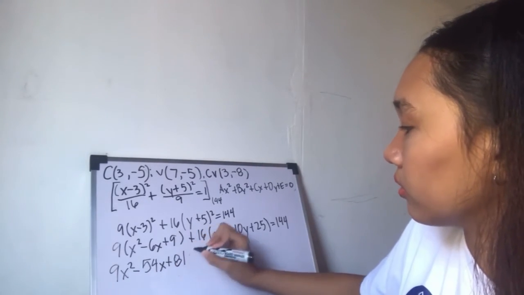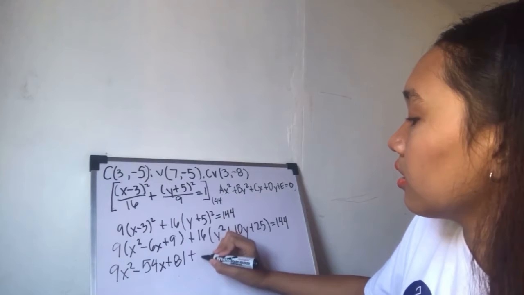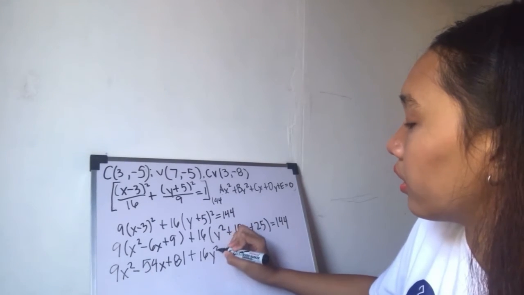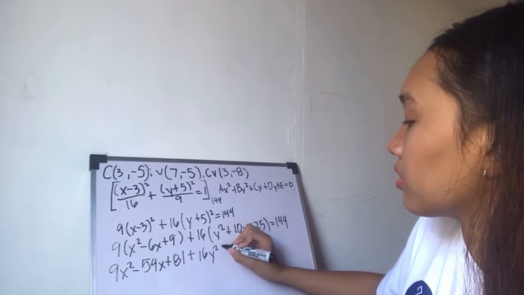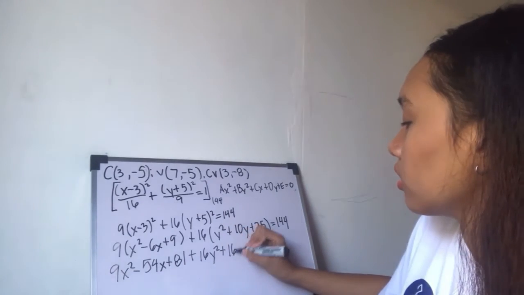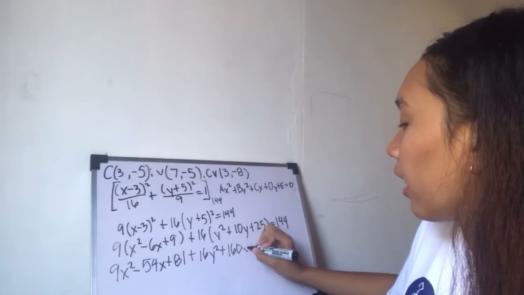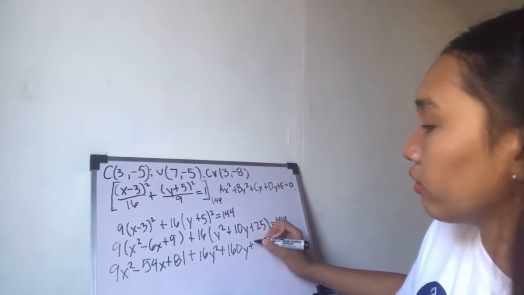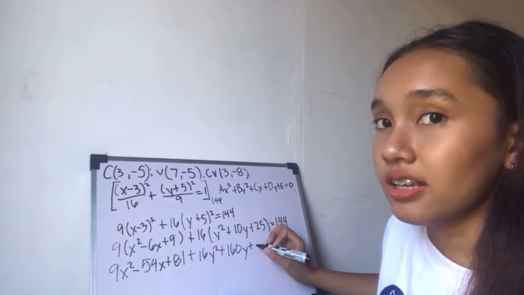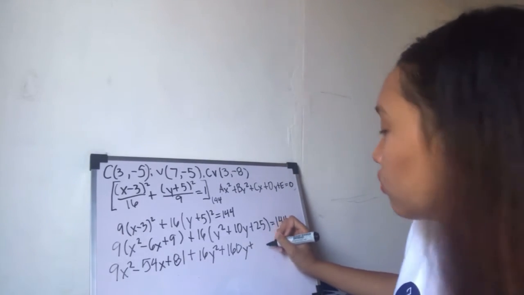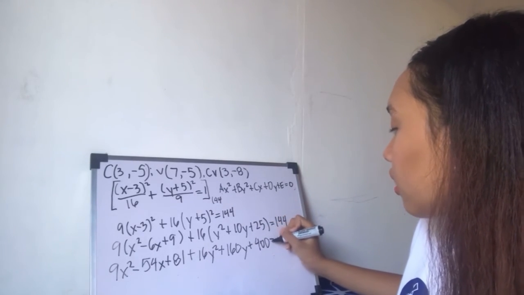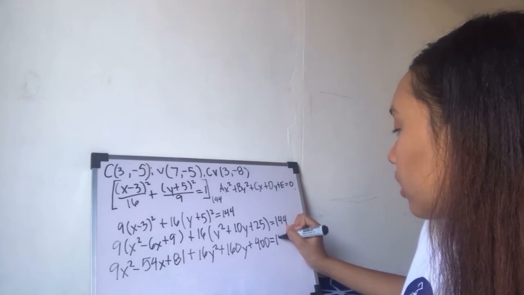That's 81 plus 16y squared. 16 times 10 is 160y. Plus 25 times 16, which is equal to 400. And that will be equal to 144.